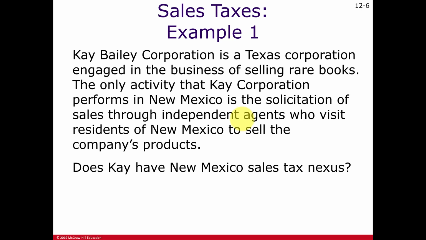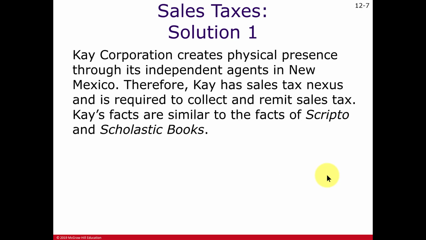But because this agent is physically present in New Mexico, well, let's look at the question. Does K, our corporation, have New Mexico sales tax nexus? And if so, then you've got to collect sales taxes and pay it over to New Mexico. And the answer is yes. They have physical presence through their agent, even though the agent's not an employee. So K has to collect and pay over the sales tax to New Mexico.